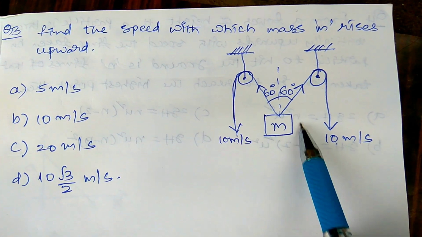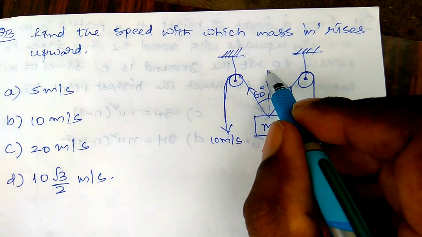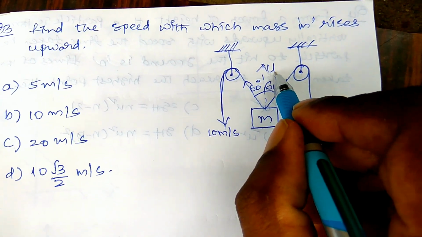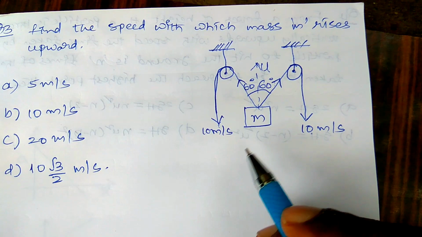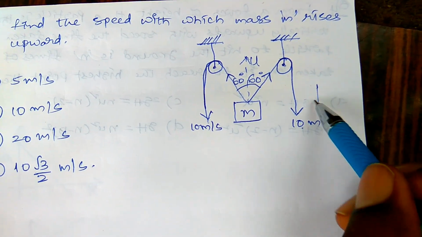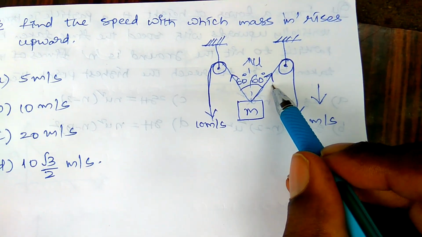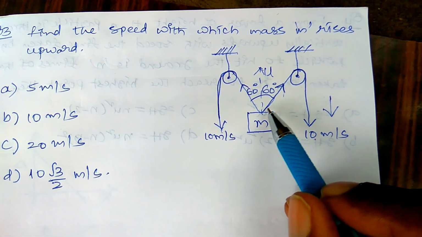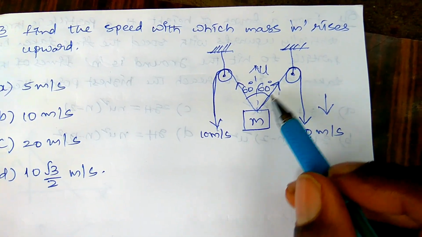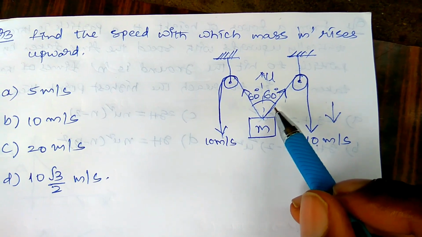So here the net force will be acting in this direction, so the velocity of the mass should be in this direction. When the 10 meter per second velocity is in this downward direction, it acts in this way.